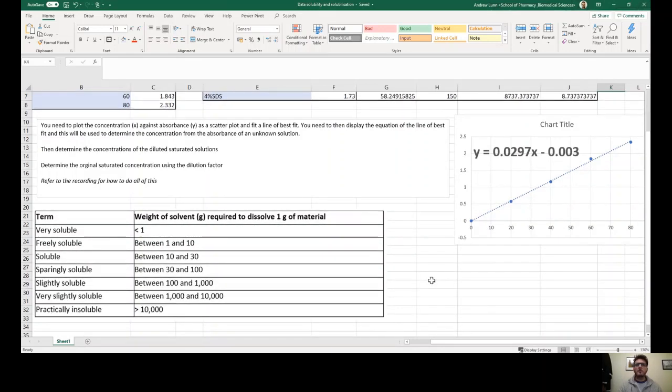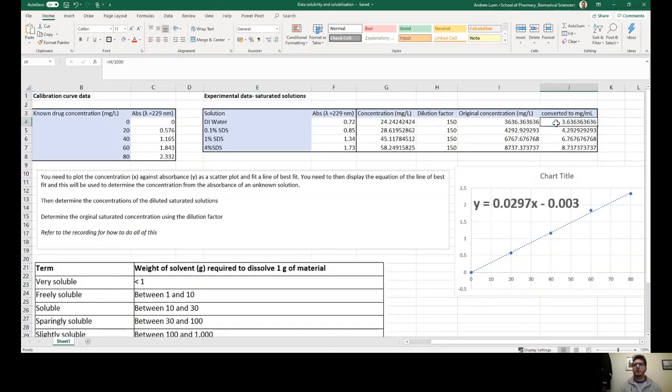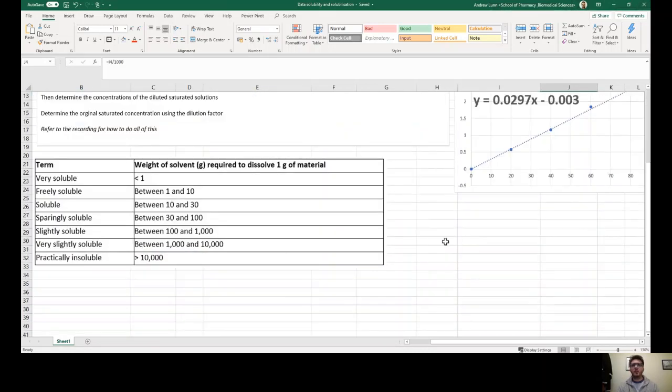So the way we would do that is if we just take this value here, so 3.63. So we've got 3.63, and that is the solubility in milligrams per milliliter, or in other words, in milligrams per grams.